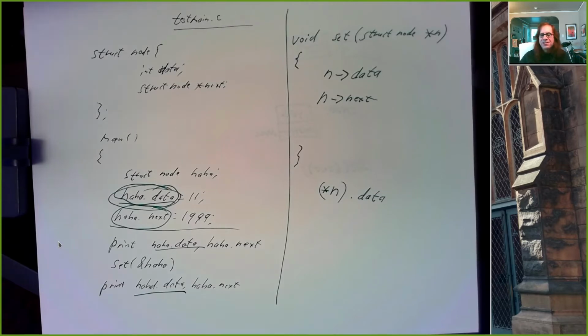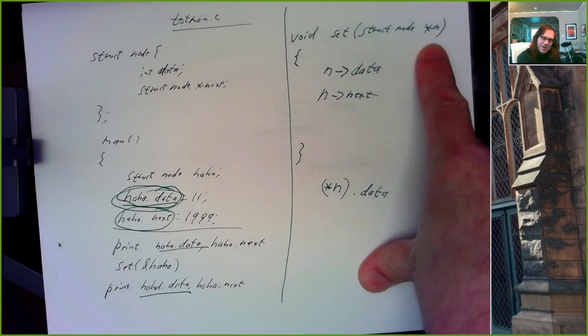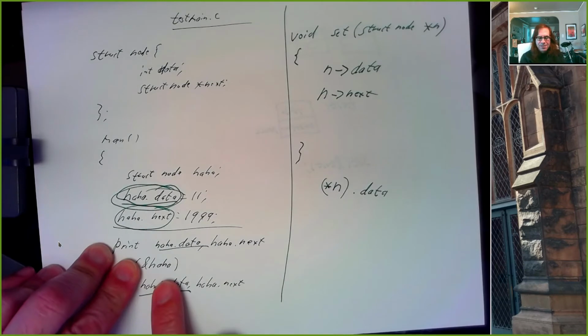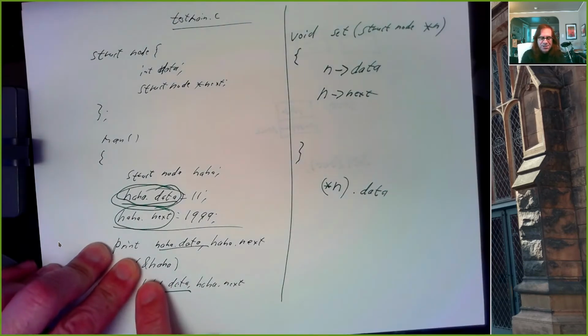So there's this idea of pass by value and pass by reference. And C is always pass by value. When we call a function, we always send it a copy of whatever arguments we're passing to it. So this n has the same value as the address of haha. But if I change n, I don't somehow change the address of haha.